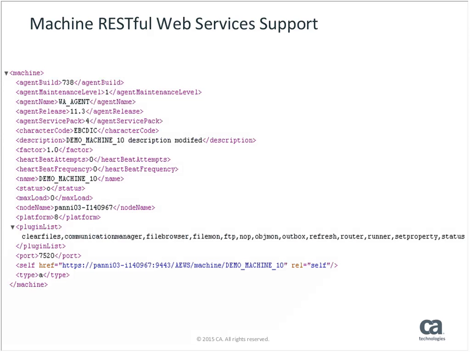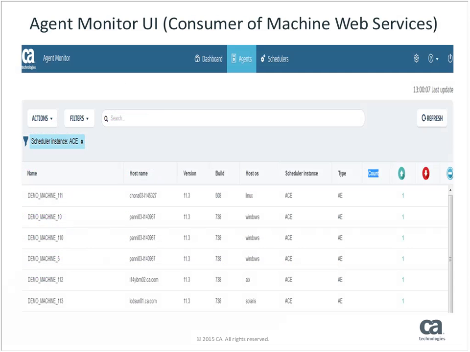So this is the XML output where we are showing all the information, version information, information of the agent like its name, status, max load, node name, platform, plugin information, port. So this is how the information is being retrieved. This is the agent monitoring UI.